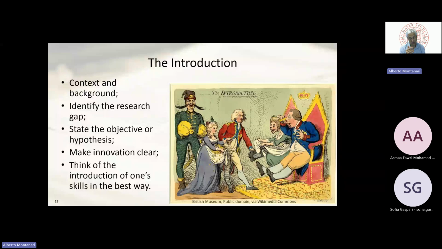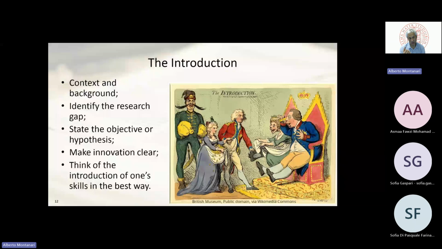So when I read a paper on water resources management, and the first sentence of the introduction is "water is essential for life because it allows the survival of the human species" or something related to that, in other words, if I read as the first sentence of a paper a very obvious statement, I lose my attention. My attention goes down.